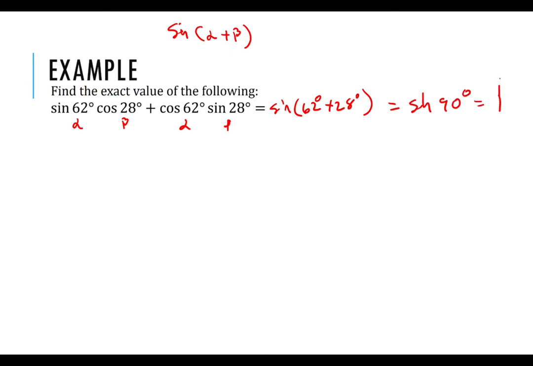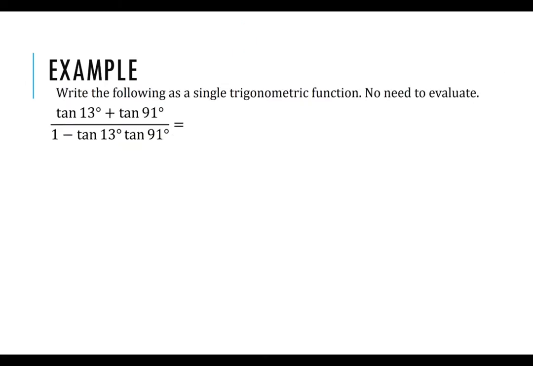Here we have tangent of 13 degrees plus tangent of 91 degrees over 1 minus tangent of 13 degrees, tangent of 91 degrees. Well, I've got alpha, beta, and I recognize that this is really the same thing. I know that the numerator matches my tangent, and so this is going to be the tangent of alpha plus beta.